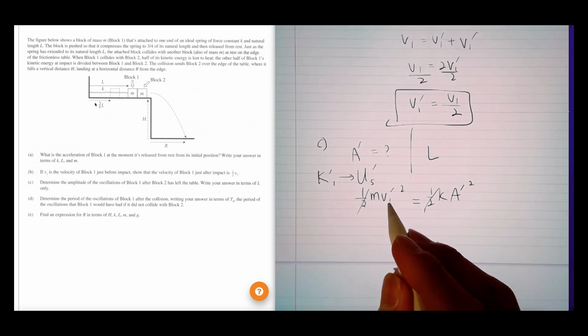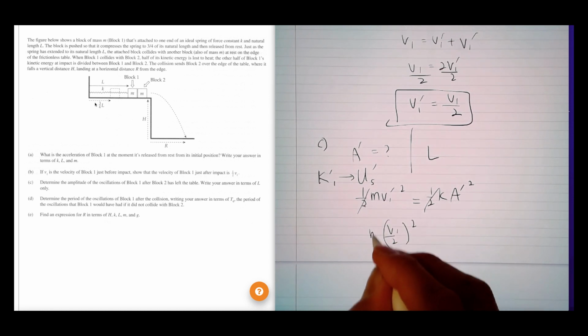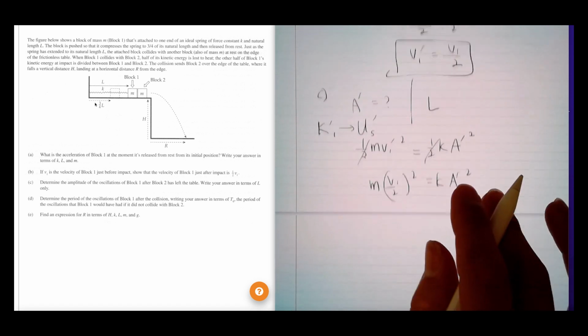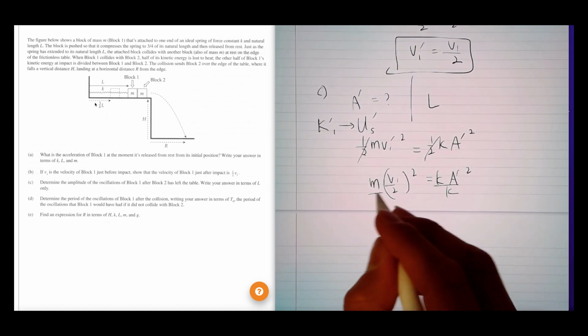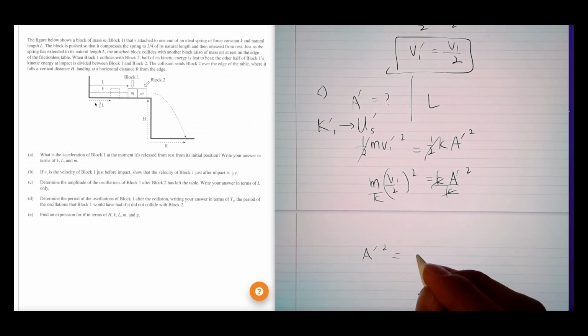Now b1', we saw it already: b1 over 2 squared, mass, k A' squared. So we can divide both sides by k. Okay, so we get A' squared is equal to 1/2 b1 squared over 4k, because 2 squared is 4, and that's how I get this.